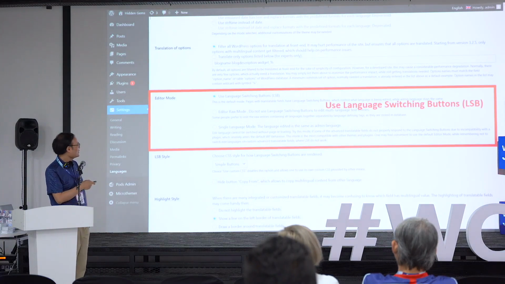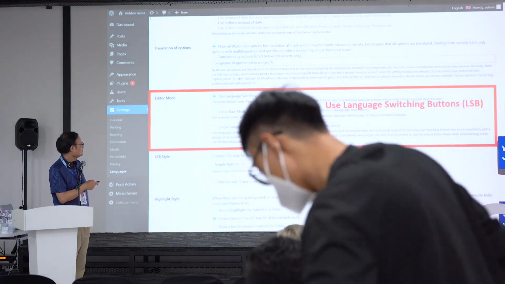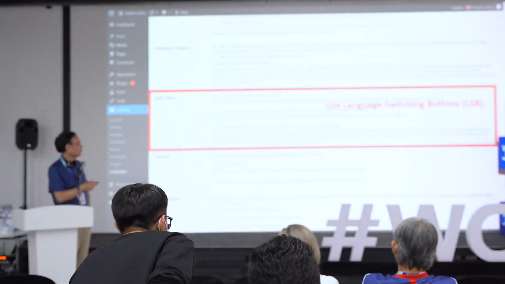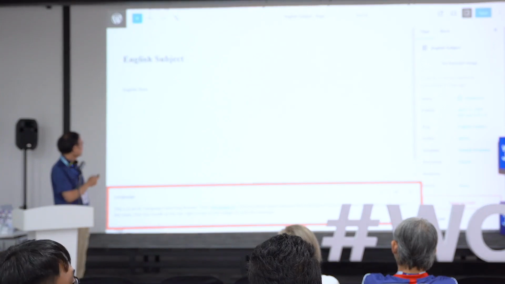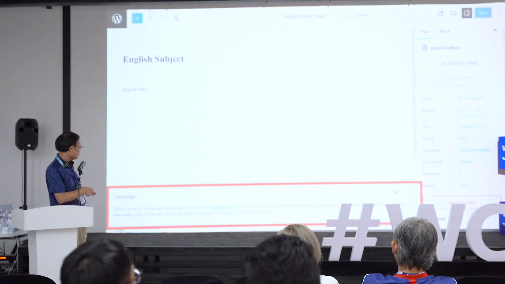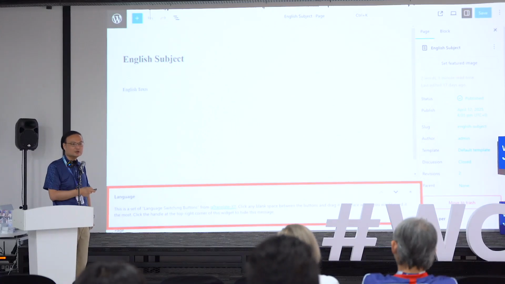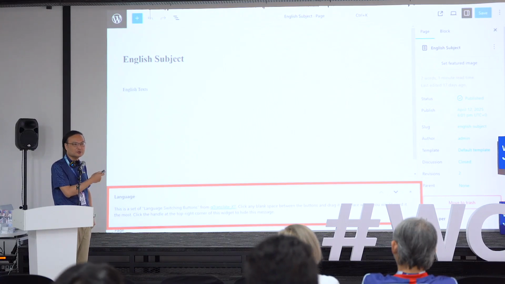Okay, let's say we use the editor mode, this one, language switching button mode, LSB. Then you will see a language bar here, which looks like it cannot do anything. It's because we are now in the block editor, where it's not supposed to do anything.